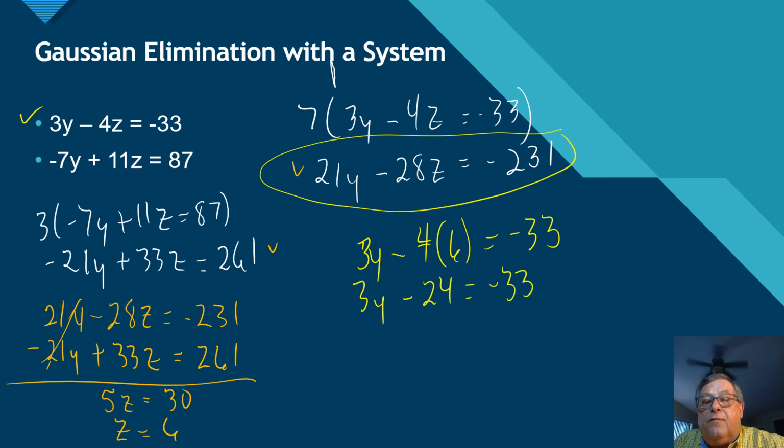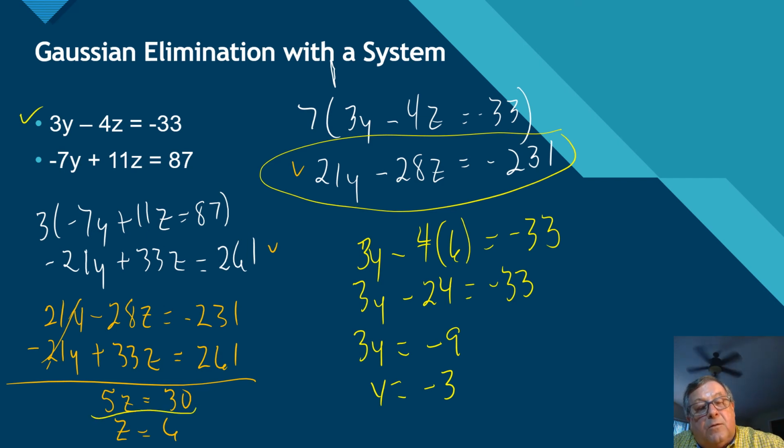We're going to add 24 to both sides, which then is going to result in 3y equals negative 9. And so y is equal to, after dividing by 3, negative 3. So we got two variables here. We got z equals 6 and y equals -3.